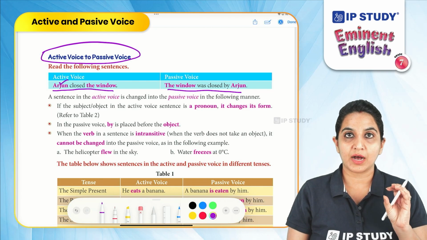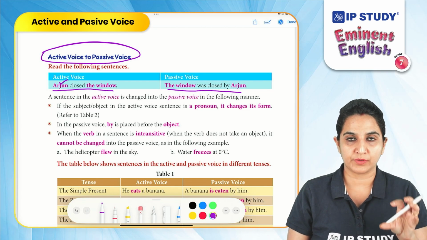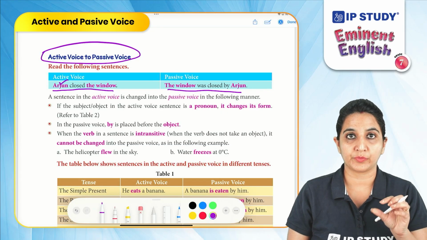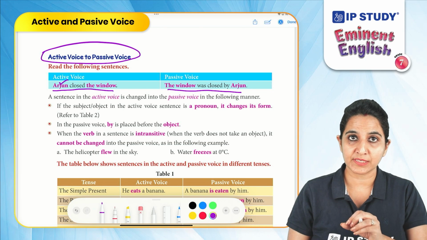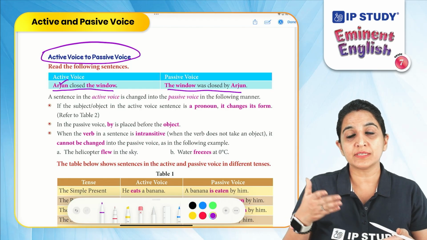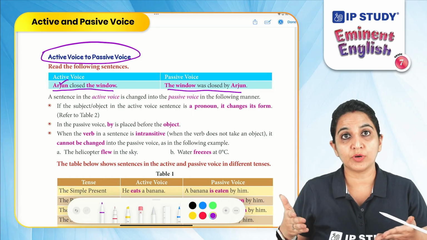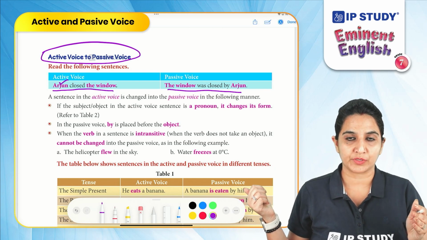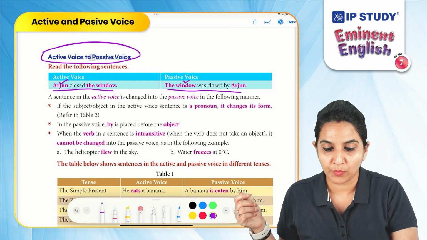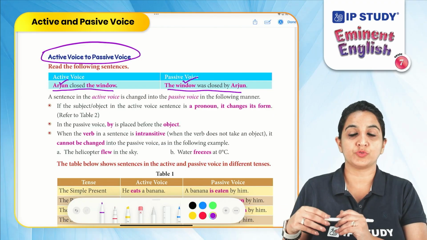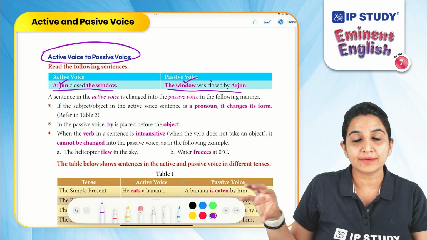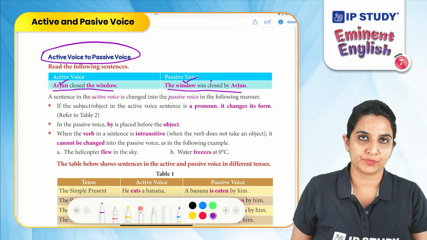Here, we are talking about who closed the window. Arjun is doing the action. When we convert it into the passive voice, we use the subject, the doer of the action, at the end, and we place the object first. What was closed? The window was closed by Arjun. So our focus is more on the action here and the object rather than the doer of the action.